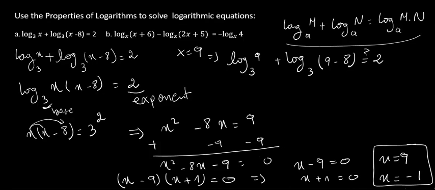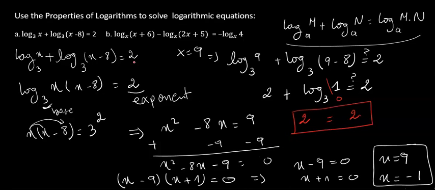Log base 3 of 9 is 2 plus log base 3 of 1 is equal, question mark, to 2. We have here log base 3 of 1 is always 0. If you have log of any base of 1, it is always 0. This is equal to 0, which means I have 2 is equal to 2. This is true, which means my solution for the first equation is x equal to 9.